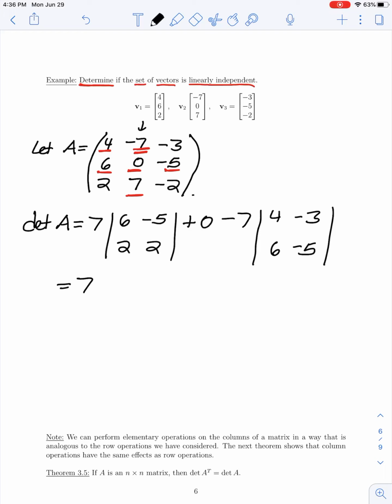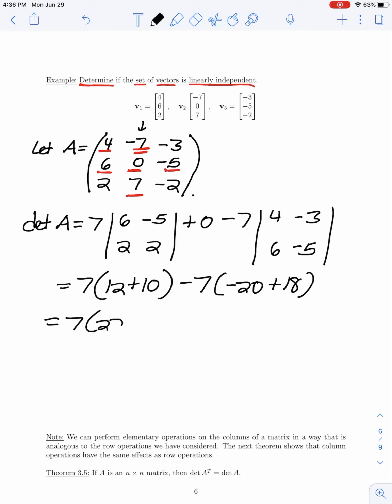So we're left with 7 times a 12 minus the -10, which is +10, and then -7 times our -20 minus a -18, so +18. This leaves us with 7 times 22 minus 7 times -2.